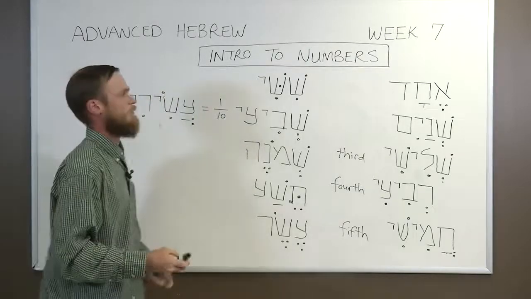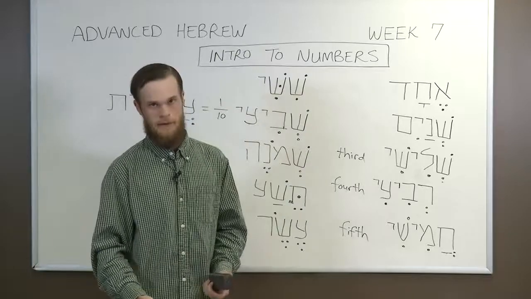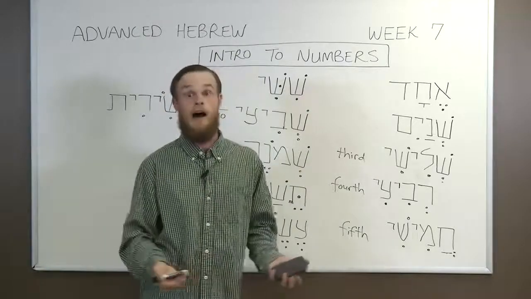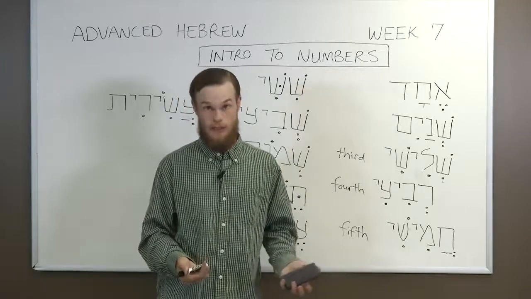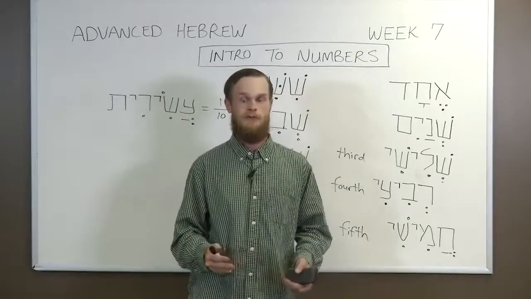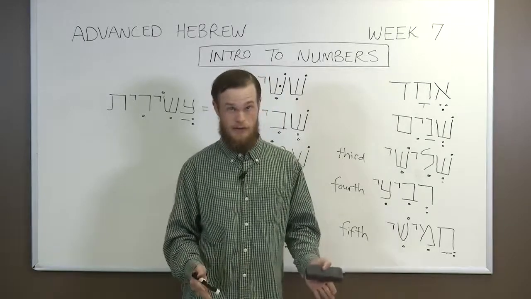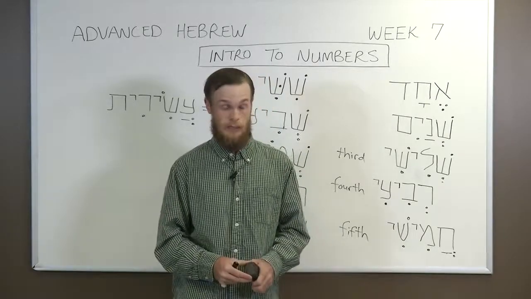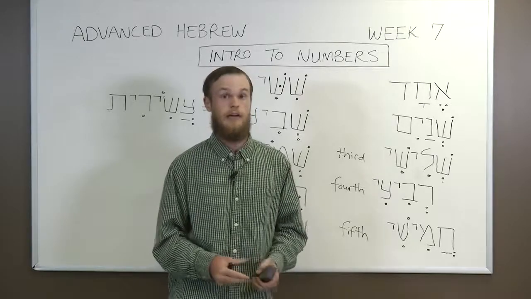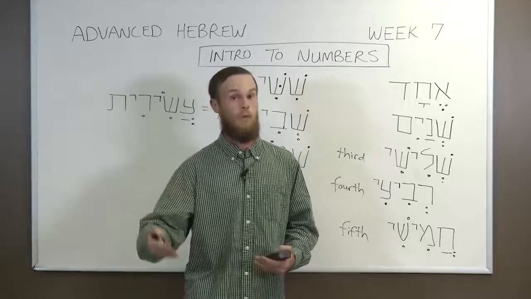Because we're counting every tenth one. So if you're going to give, say, a tithe, a tenth of your sheep, you don't take the exact number of sheep you have and divide them into exactly tenths. If you have 77 sheep, you don't give 7 and 7/10 sheep as your tithe. You give 7. You give every tenth one.